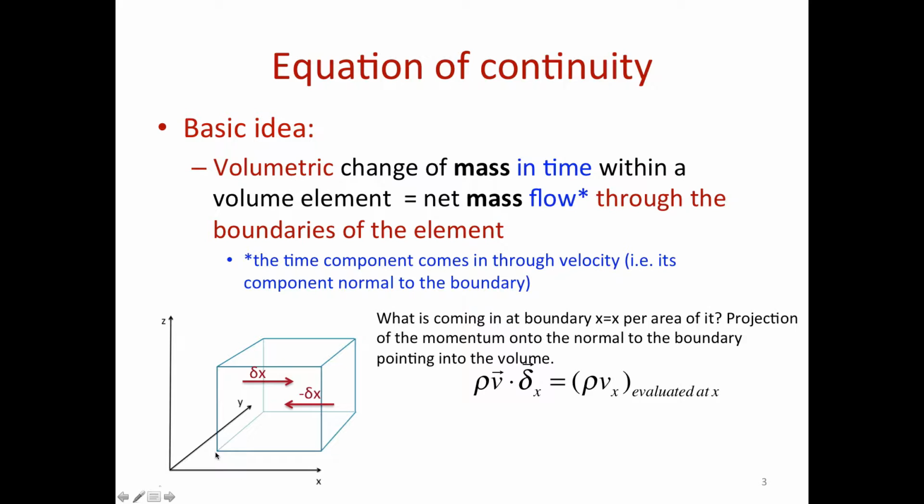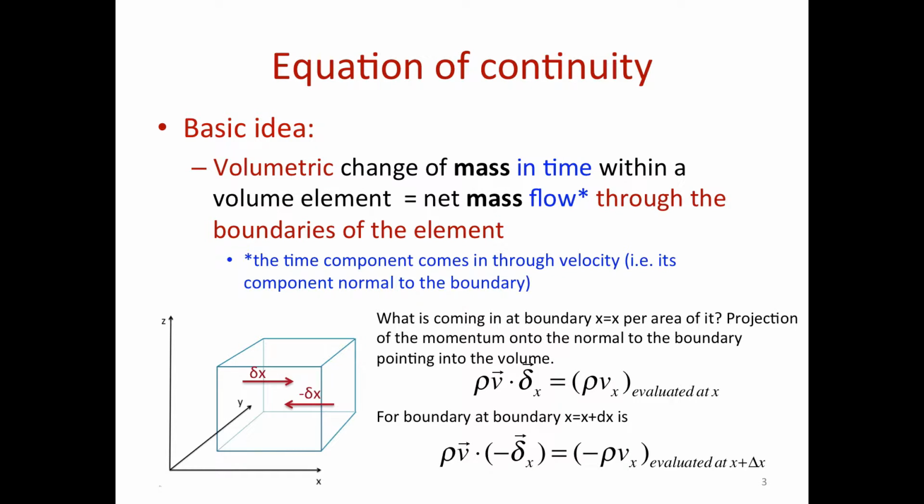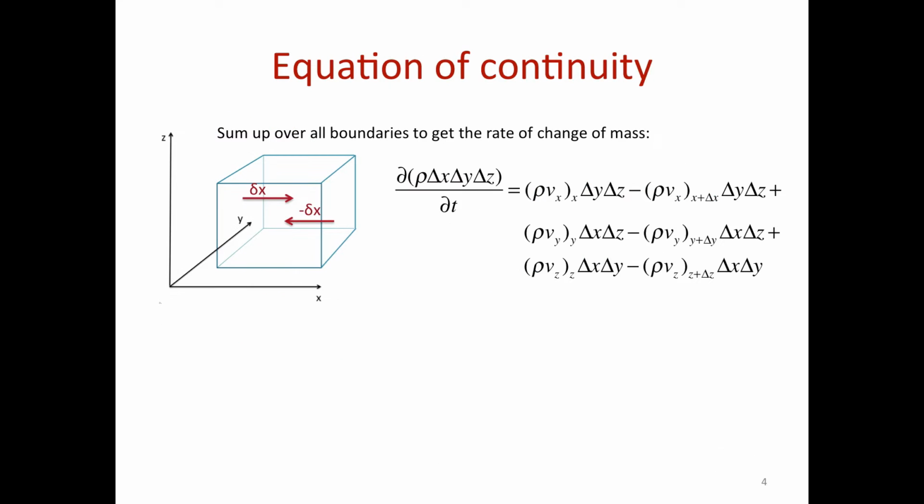So I have x plus delta x, and then similarly y plus delta y, z plus delta z, okay? So on this opposite boundary, my normal is oriented in the other direction, so basically I will have minus rho vx evaluated at x plus delta x, okay?